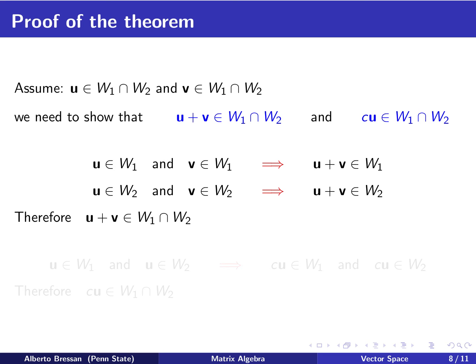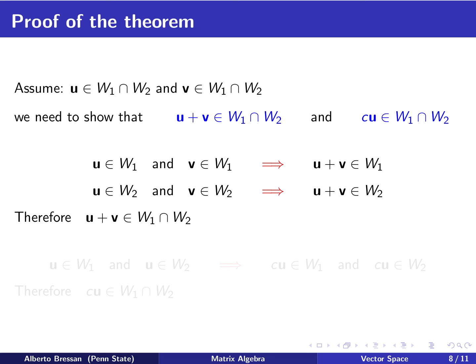And in order to show this intersection is a vector space, we need to show that the sum of U plus V is in the intersection. And if you multiply a U by a real number C, it's also in the intersection. Okay, let's go through these proofs.